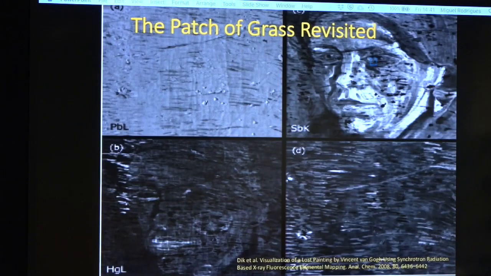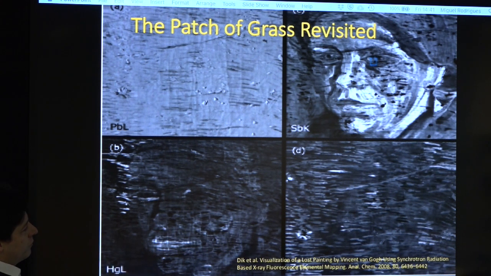Now, coming back to the patch of grass that I've shown in the very early slide, what people have done was the following. They have used XRF, X-ray fluorescence, to try to understand the different elements that are present in the painting. And what we've got here is maps associated with different elements.